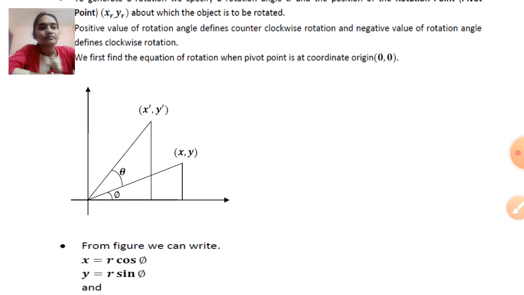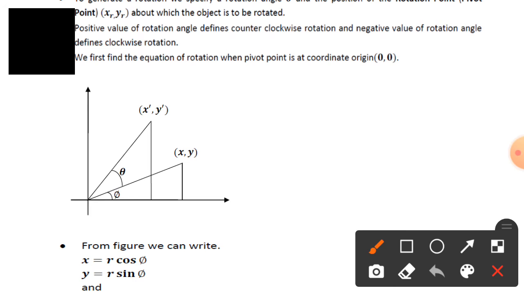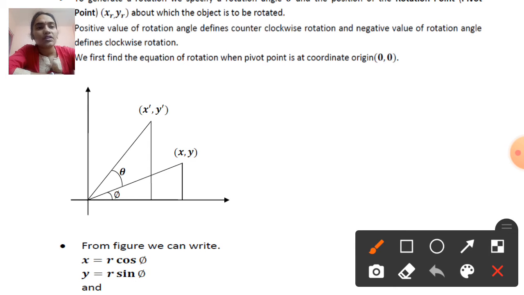In this diagram, starting point is 0. This position is 0. This one is your x axis. This one is your y axis. And x and y both are 0.